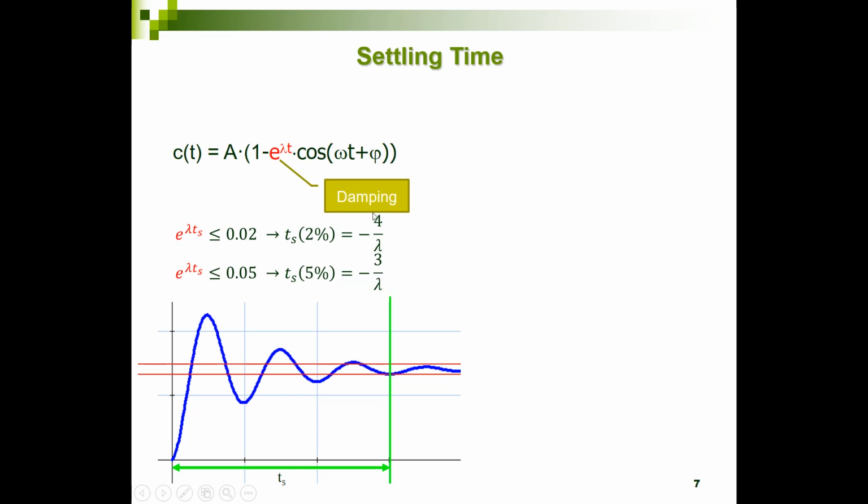What we see is that there is a direct relationship between the value of the lambda and the settling time. And remember that lambda is also the real part of the pole. So there is a direct relationship between the real part of the pole and the settling time.